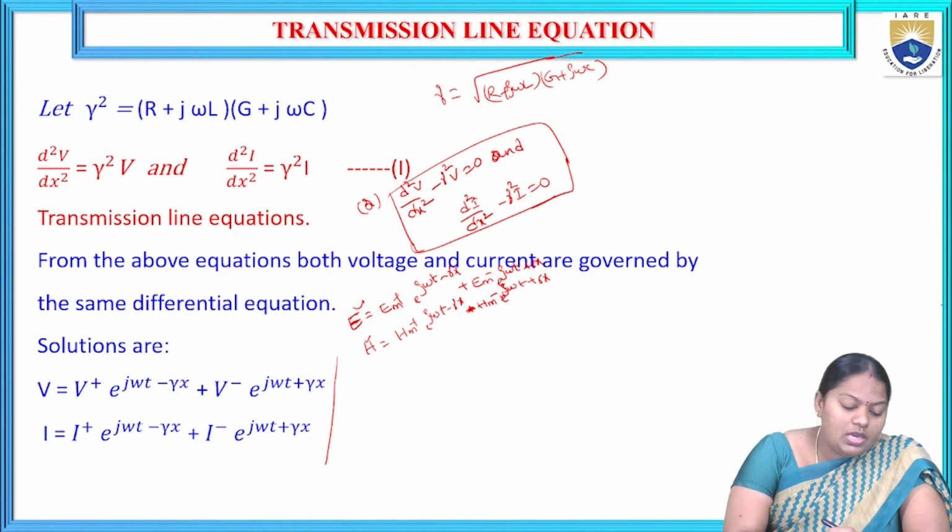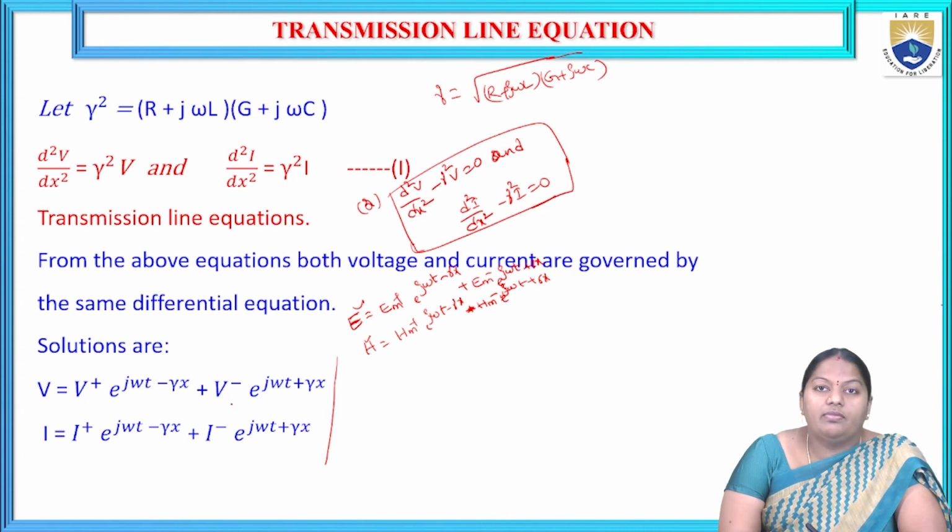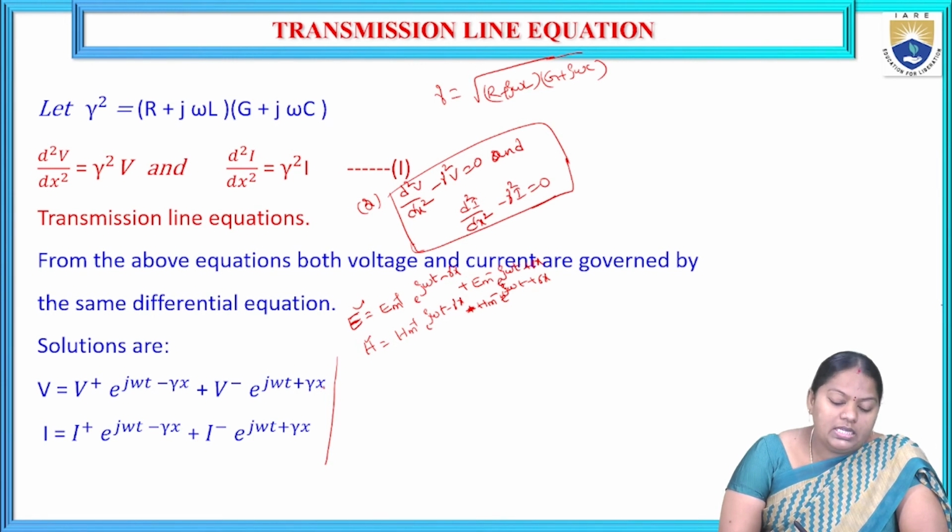So the voltage equation has the amplitudes of the forward traveling wave V⁺ and the backward traveling wave V⁻, with phase functions jωt − γx and jωt + γx. Generally, we assume all the electric fields are aligned in the x direction. Electric fields deal with voltages, hence the resultant V will also be in terms of the x direction.